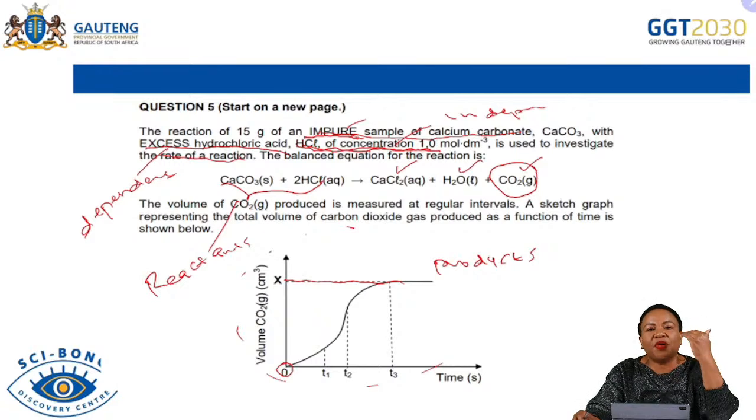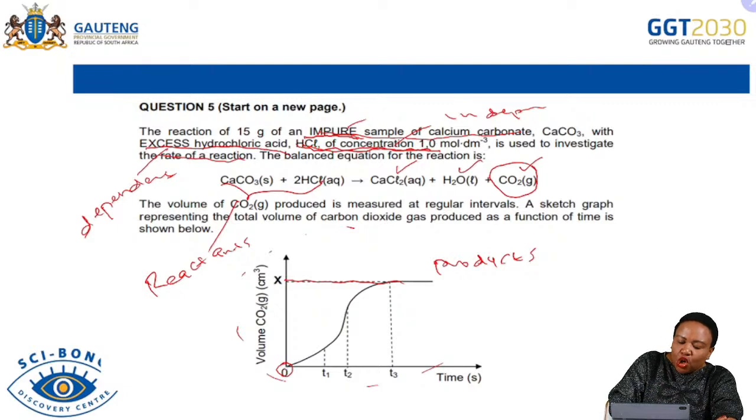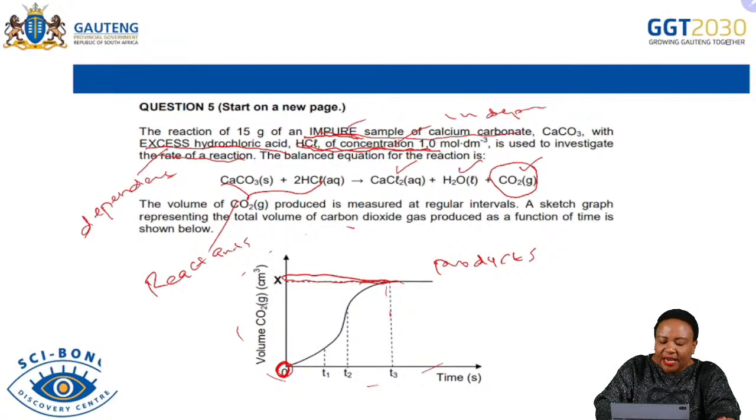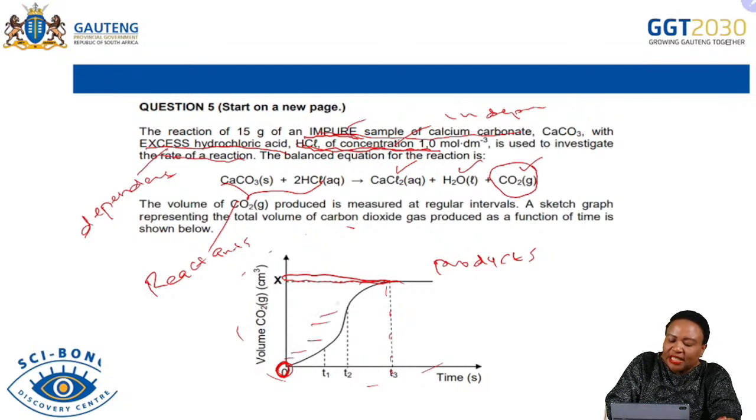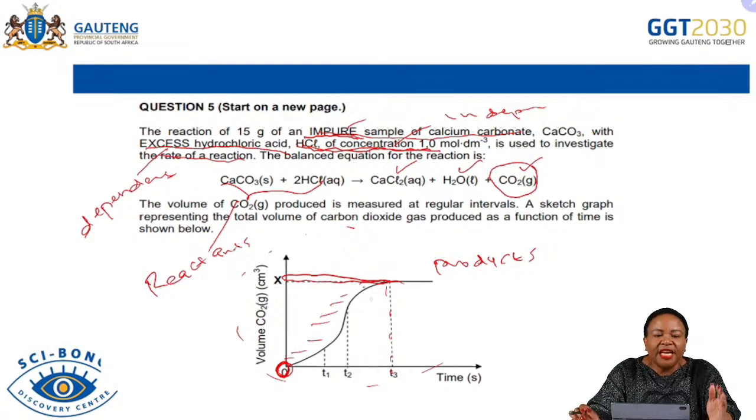So it is going to be formed as the reaction proceeds. Therefore, we started with no volume of carbon dioxide, but at the end we have X volume of carbon dioxide, and at T3 we have maximum volume. So the volume of carbon dioxide was increasing as the time started to increase. And you can see that the graph is not a straight line graph.